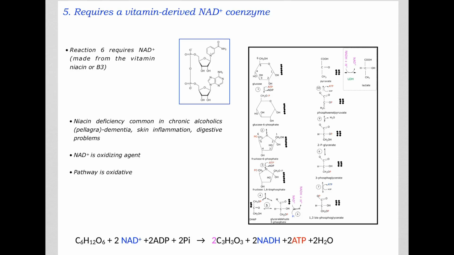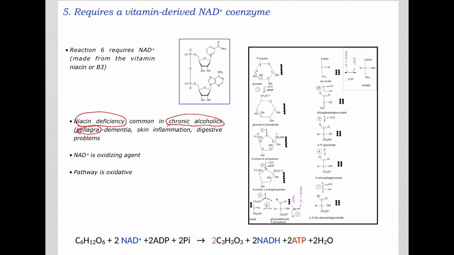Since we do not make vitamin B3 or niacin, we could potentially be deficient in niacin. We do see this in chronic alcoholics who get their calories from alcohol rather than from nutritional food. This niacin deficiency is called pellagra.